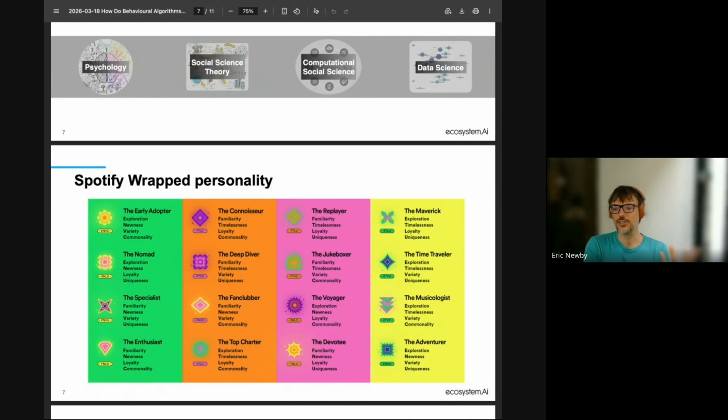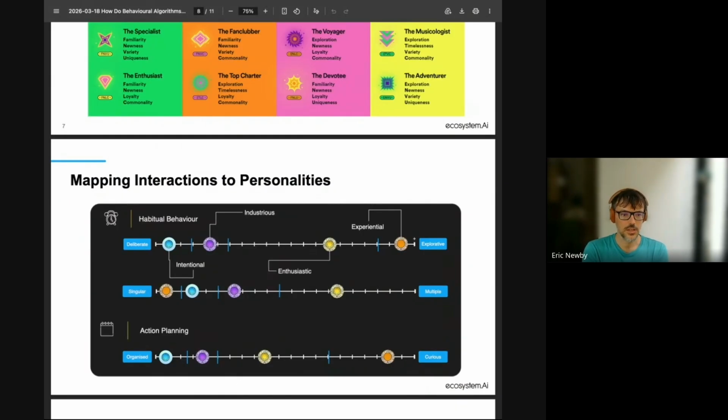It's interesting for me, but they can also use that to inform their further engagements with me, both in terms of what they recommend and potentially how they talk to me. So I often find this a helpful example to make the whole thing a bit more concrete, because it's something that a lot of people have seen. So this is just an example of how that can happen in a different space.